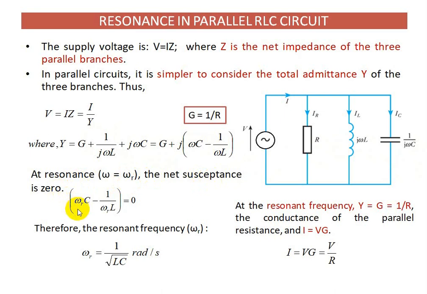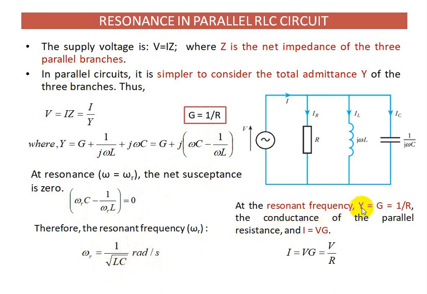So replace omega by omega R, and the susceptance becomes omega R C minus 1 by omega R L. Equate this to 0, and you can get an equation for omega R, which equals 1 by root LC. This is the equation for resonant frequency, and it is the same as the resonant frequency equation of series RLC circuits.